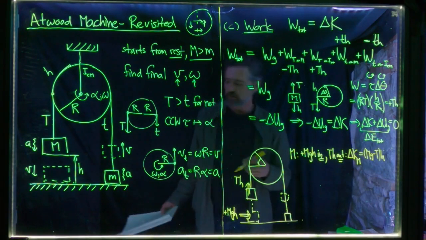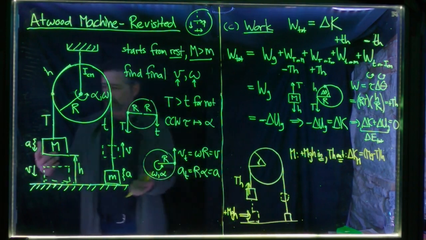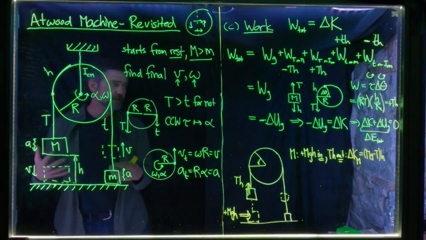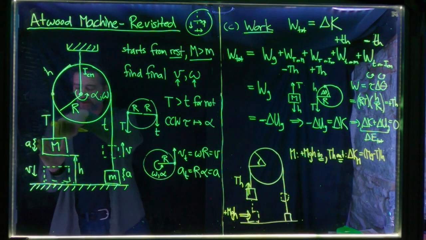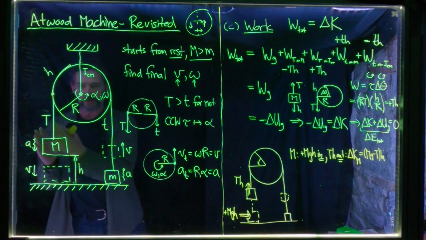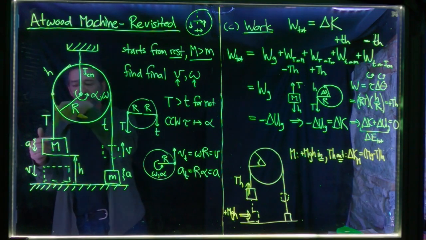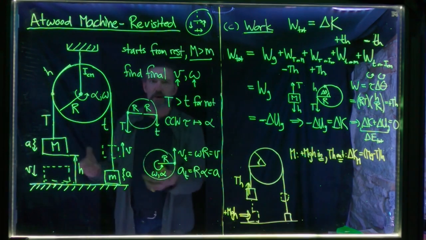So what's mg minus T? So mg, that's the net downward force. Okay, so mg is the downward force of gravity. T is the upward force. The net downward force is mg minus T, times the downward displacement of h is the work done by the net force.